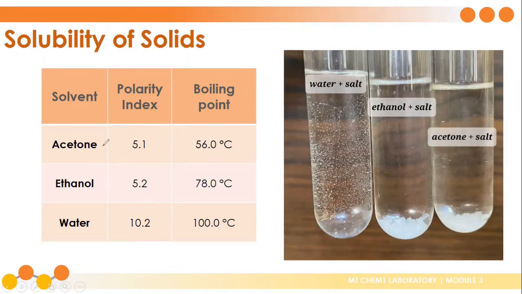As you can see here, acetone and ethanol have very weak polarity indices, indicating that they cannot dissolve salt, since they have very little charge. Unlike water, which has a high polarity index, indicating that it can dissolve polar ionic solutes. We also have here the boiling point. As you can observe again, the lower the polarity index, the lower the boiling point is.